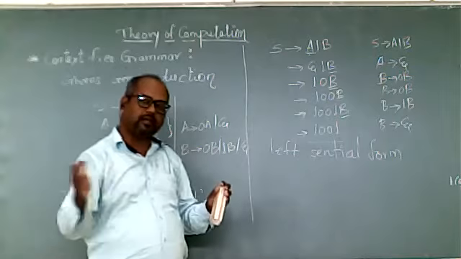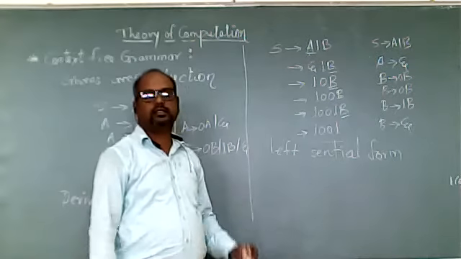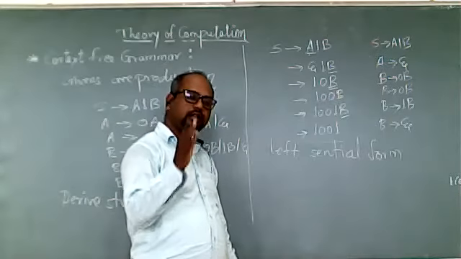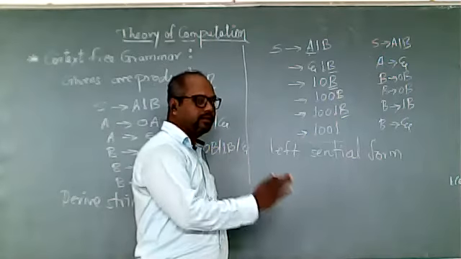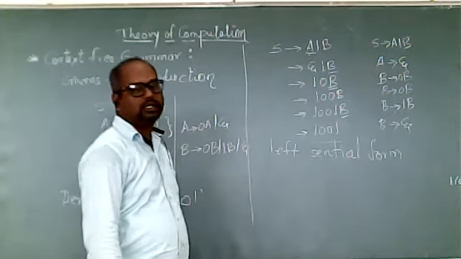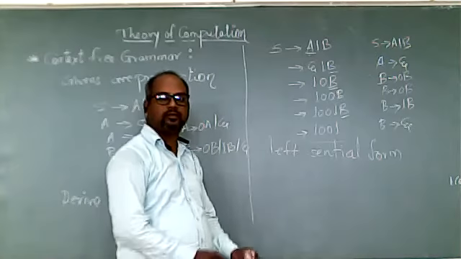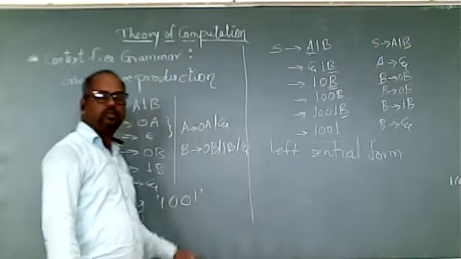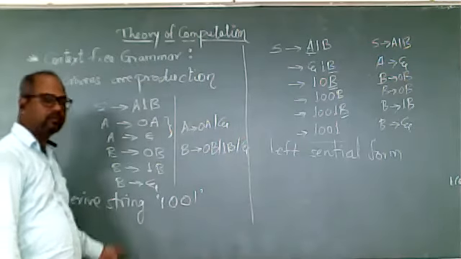Again, if I am starting from the right hand side, that will be called a right sentential form. Means I have to reduce the first right hand variable, then again the right hand one, like this. So starting with the right hand side, if I am reducing, that is called right sentential. So this is one method of generating the string from the given grammar.